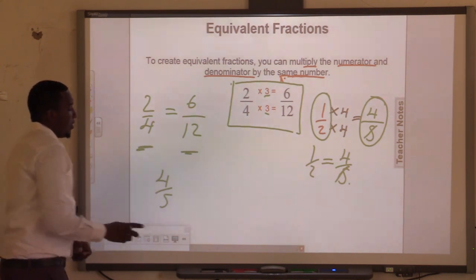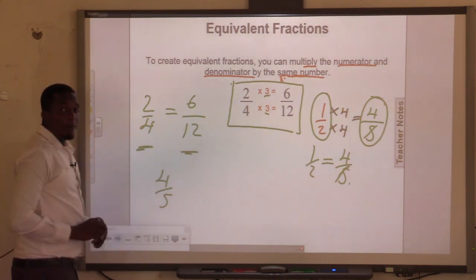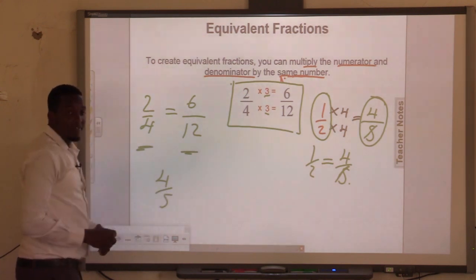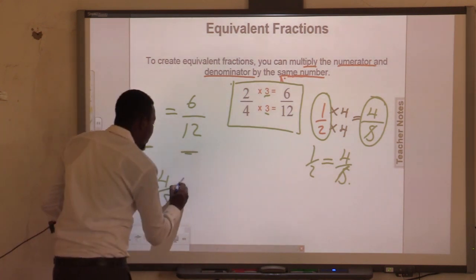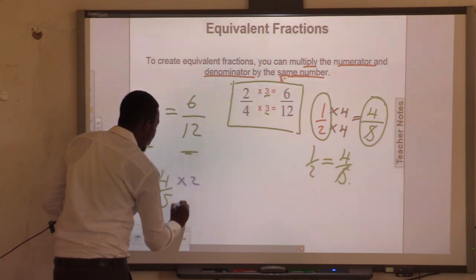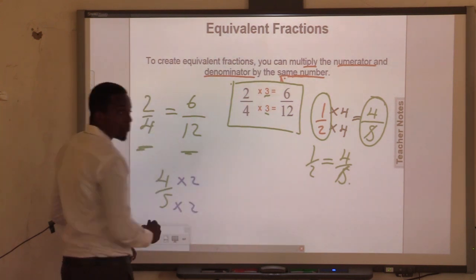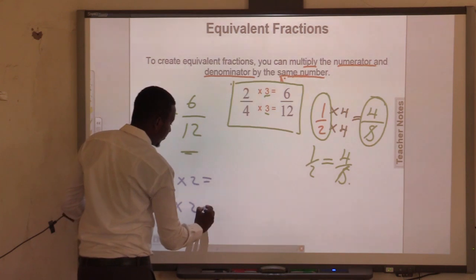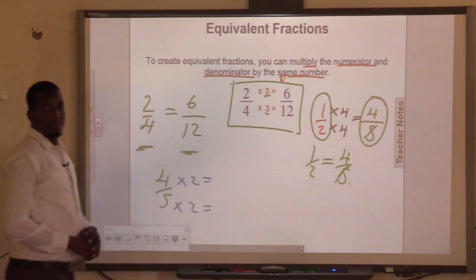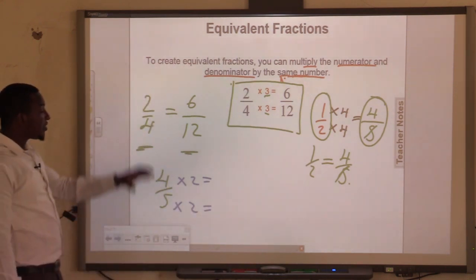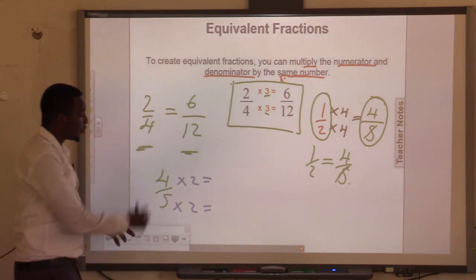The numerator here is 4 and the denominator is 5. So we're going to multiply the numerator by 2 and also the denominator by 2. What is this going to give us? It is going to give us a fraction that is equivalent to 4 over 5.